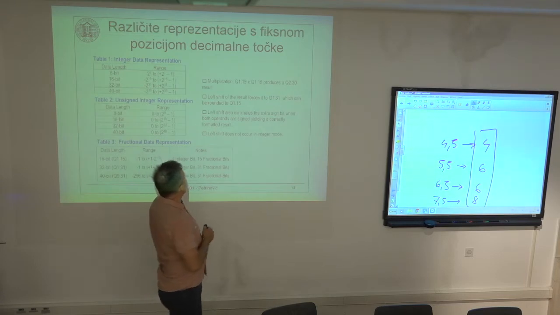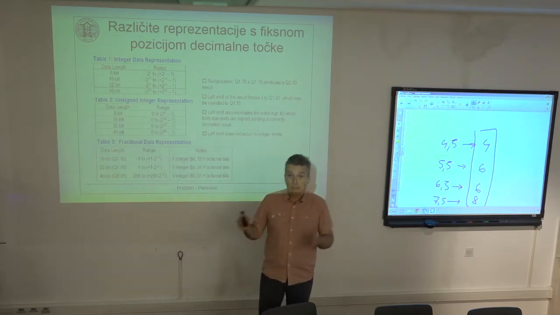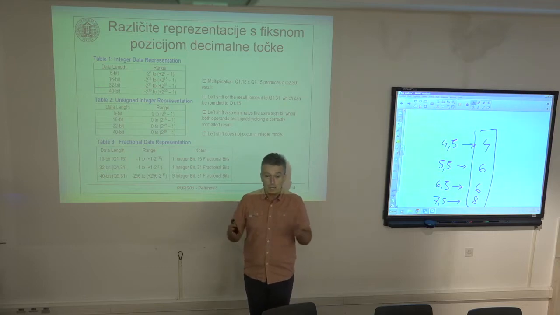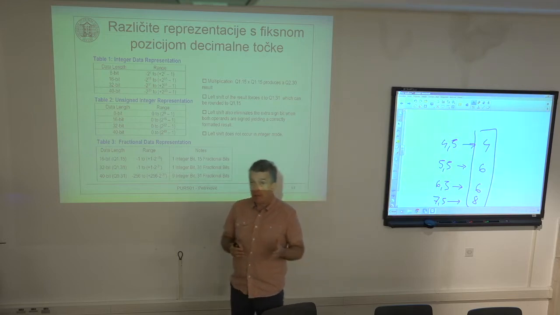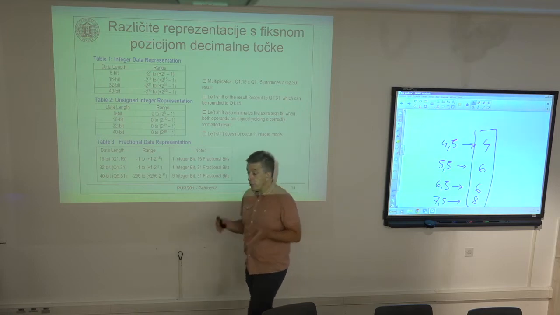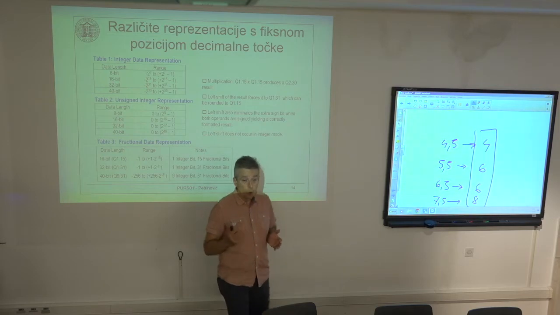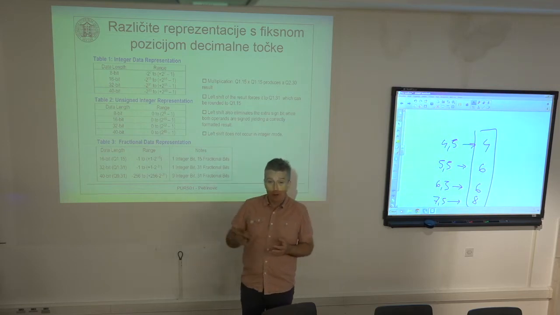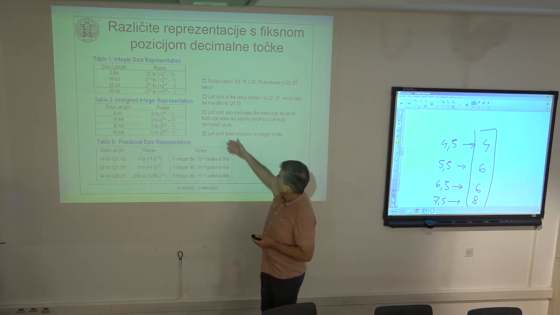Of course, in an actual DSP, they have a much wider data register, much wider data path. So not only 8 bits, typically it is 16 or 32 bits. So this fractional representation in that case becomes Q1.15 or Q1.31.